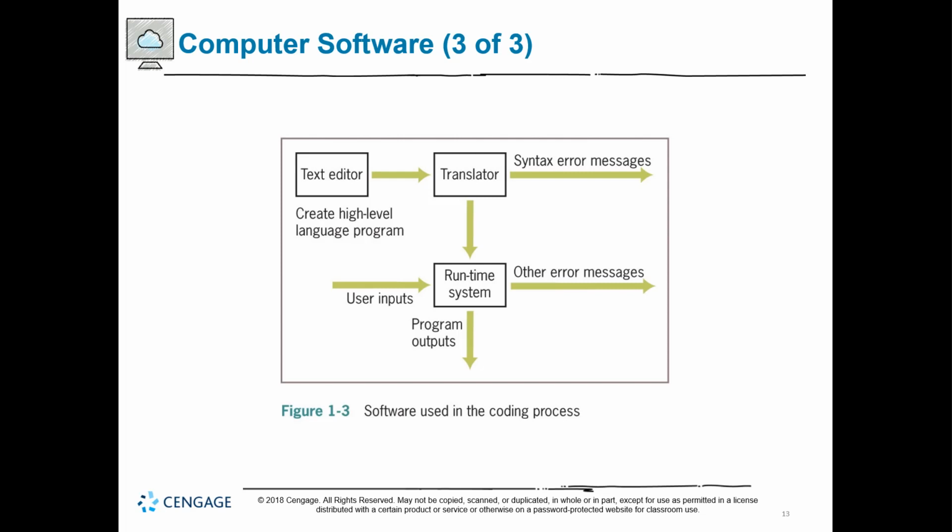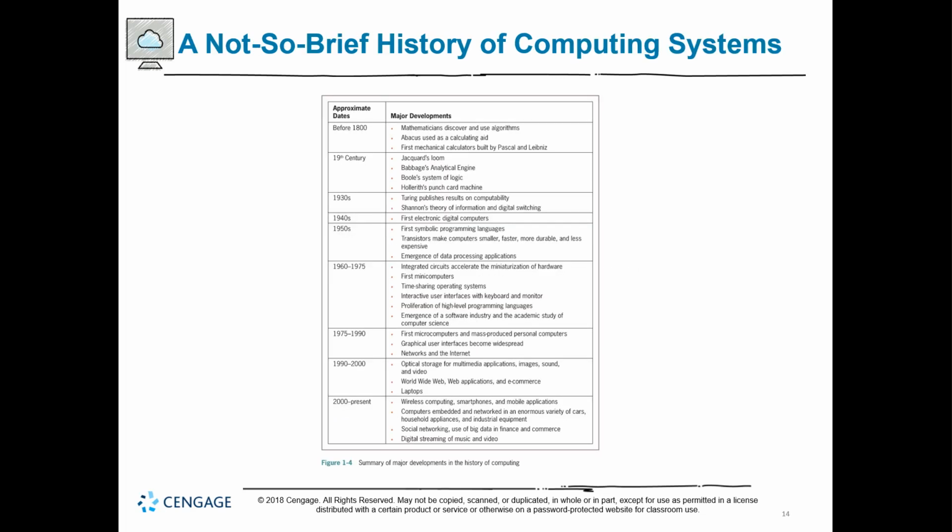So now that this provides a basic understanding of what software is, let's take a look at a brief history. Before the 1800s, mathematicians discovered and used algorithms. We had things like an abacus. In the 19th century, we used Boolean logic. In the 30s, we started having Turing machines for computational abilities.